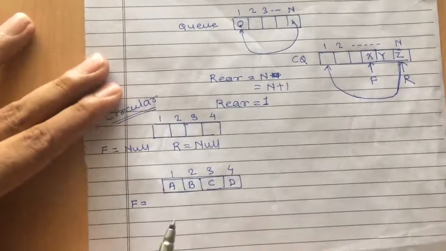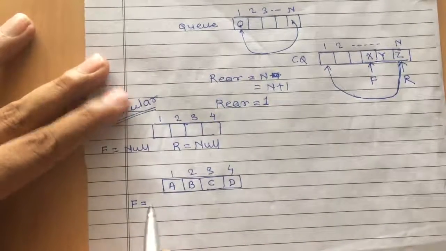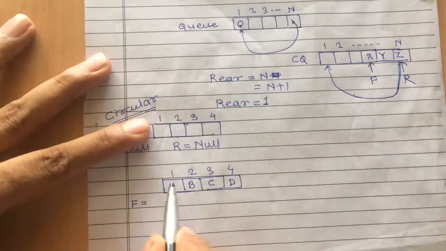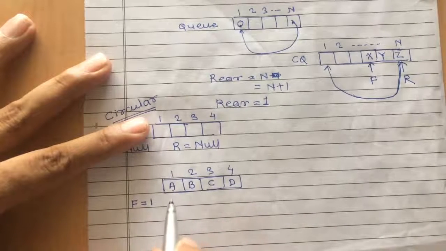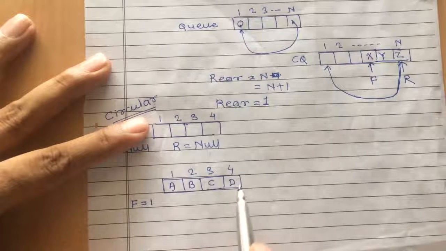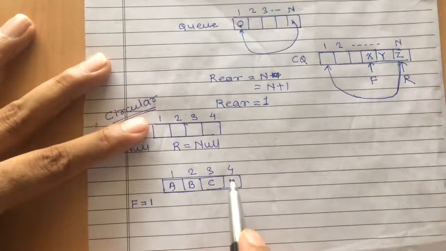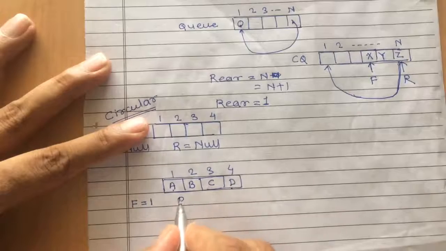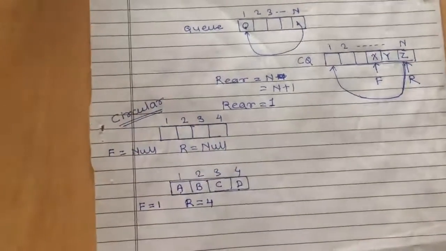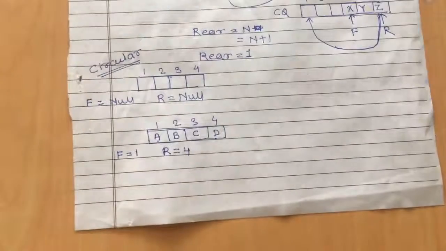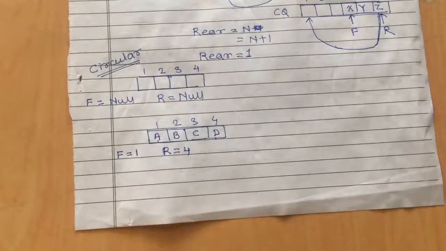Front holds the location of the first element. The first element is present at the first location, so front will hold 1, and rear holds the location of the last element. D is the last element and the location of D is 4, so rear will hold 4. I hope till here everything is clear.